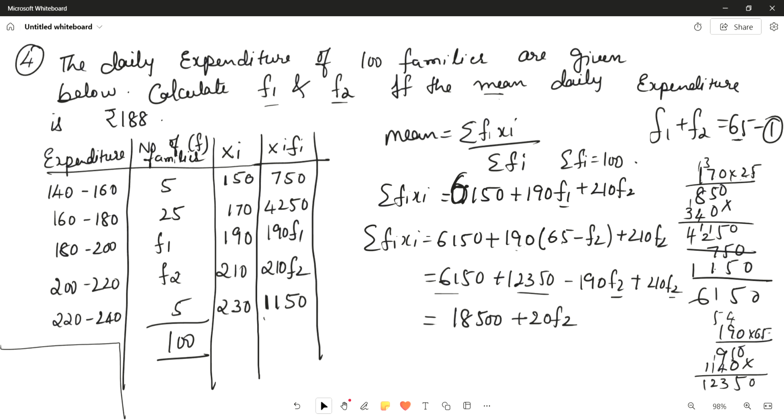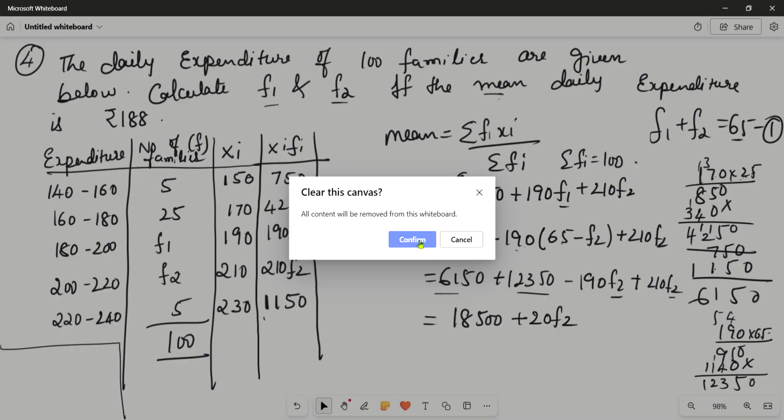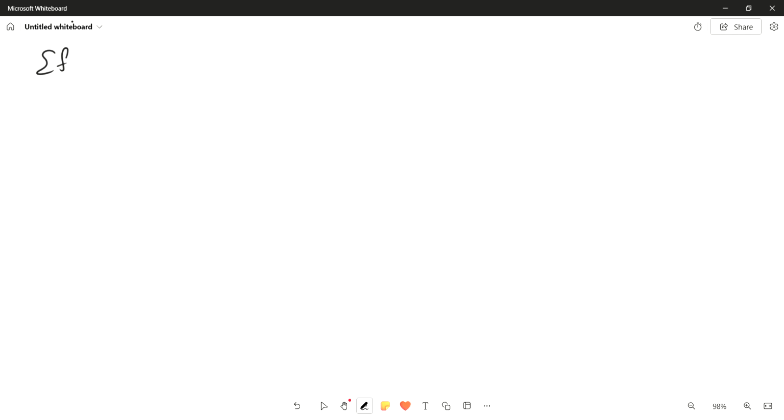Is it done? Everyone written? So we got sigma fi into xi is equal to 18,500 plus 20 F2.